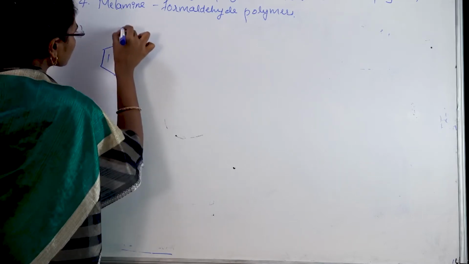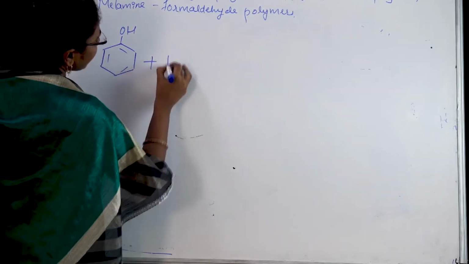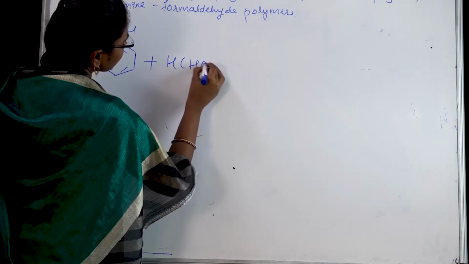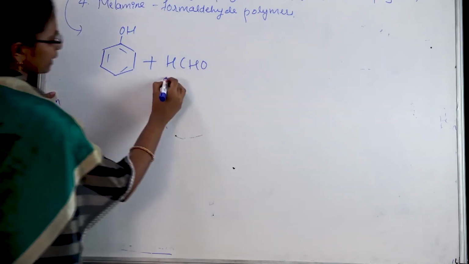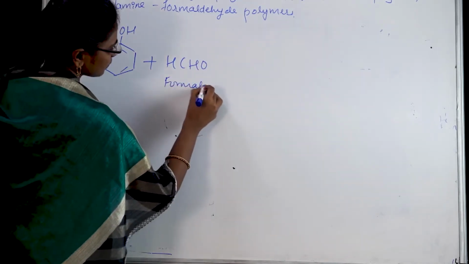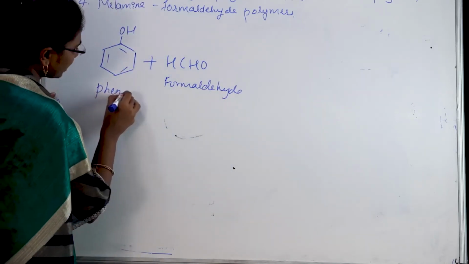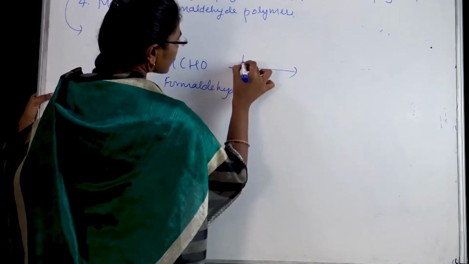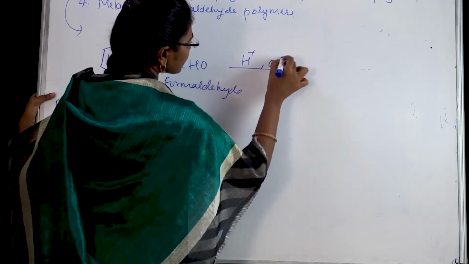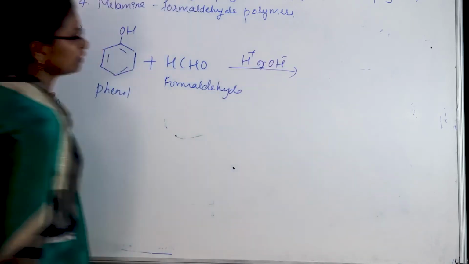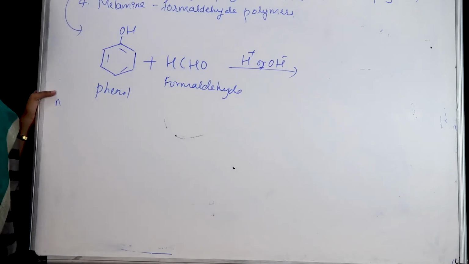This is the phenol structure, reacting with formaldehyde. This is the formaldehyde. This one is phenol, in the presence of acid or base. Either acid or base you can use.